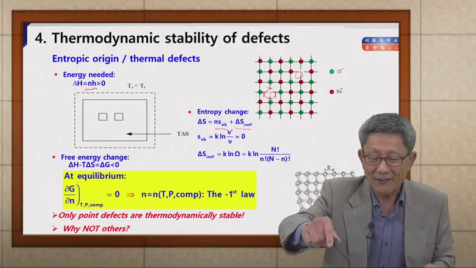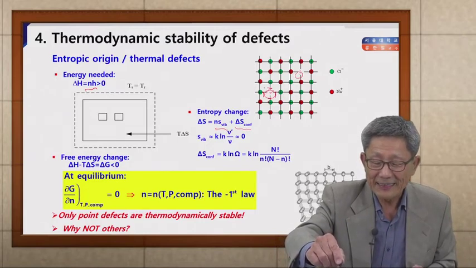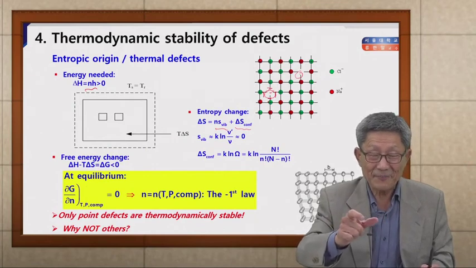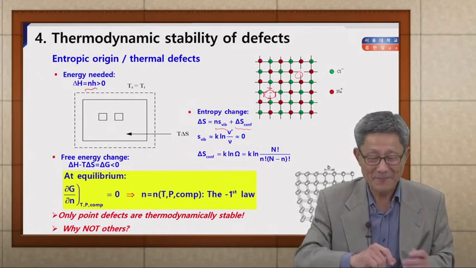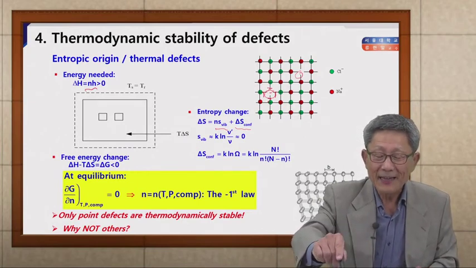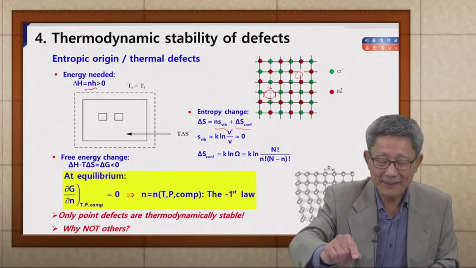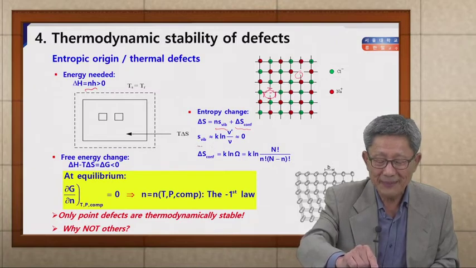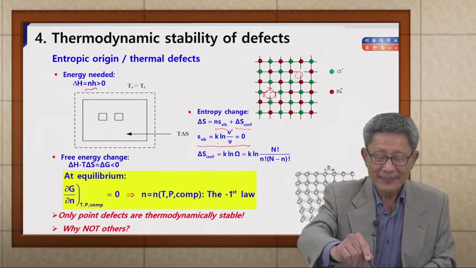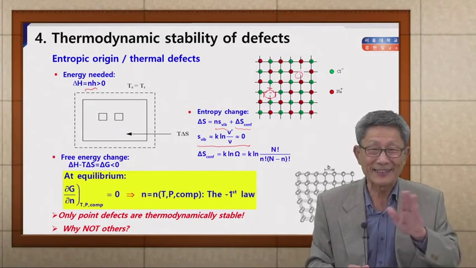Now you cut off this bond here, right? Therefore, the ions surrounding this defect have a vibration frequency that is a bit slower. Let's call it nu prime. So the vibrational entropy due to a single point defect is approximately represented by this simple expression, and its magnitude is really close to 0. You may neglect it.